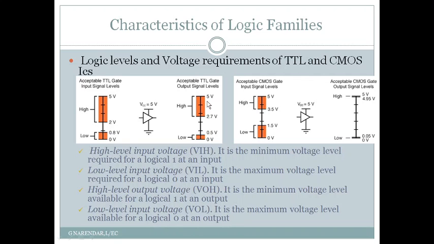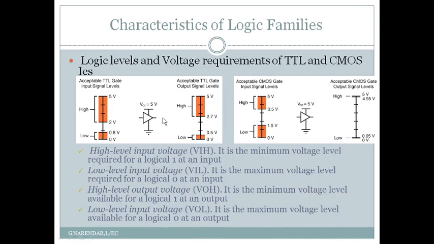And you can see that similarly at the output of a logic gate, logic 0 is qualified by a certain voltage range. That means if the output signal has a voltage anywhere between 0 and 0.5 volt, then it is treated as a low signal at the output of the logic gate.